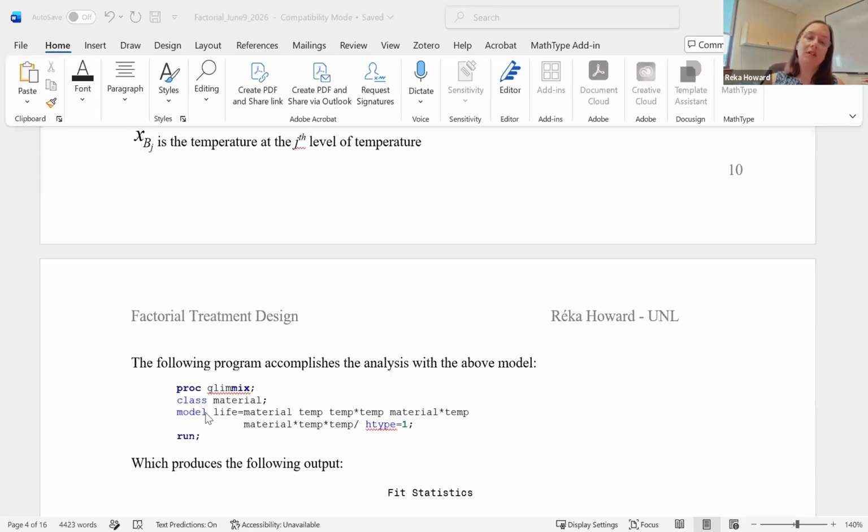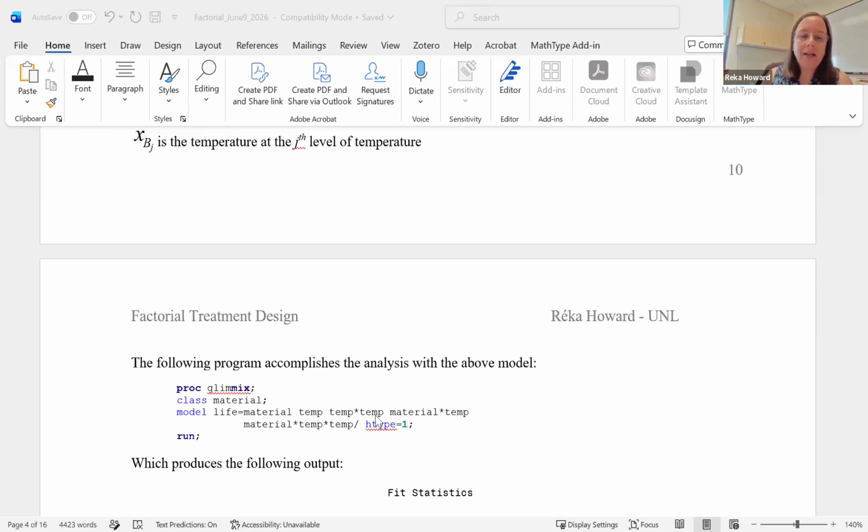If you are specifying a classification variable, you would classify the material, and you can see that I don't have to classify the temperature. That's how my software knows that that's not a qualitative factor, but a quantitative factor. Another thing is this type, H type equals 1, specifying that I will have type 1 sum of squares. It depends on your software how you tell it, but probably you have to do that.